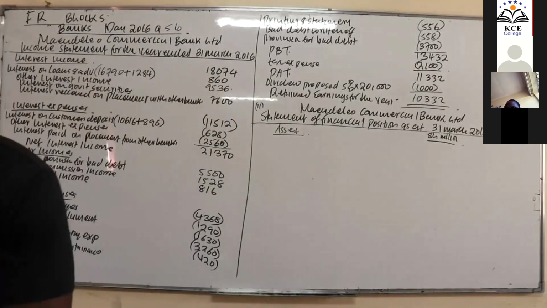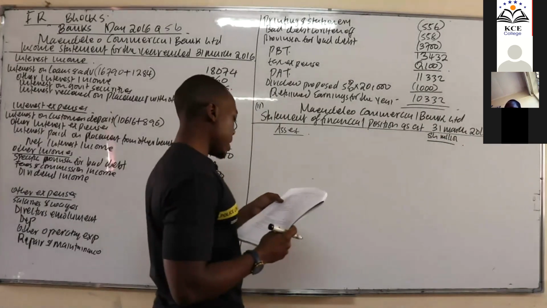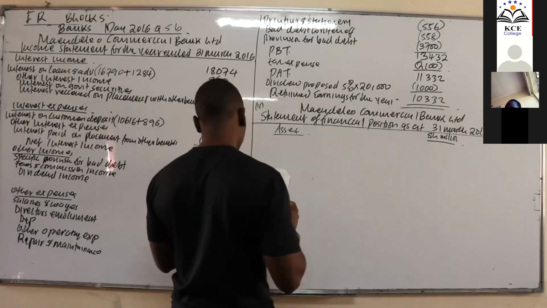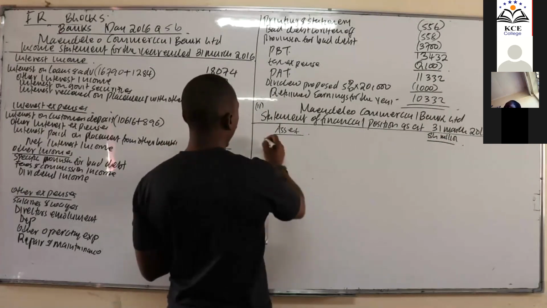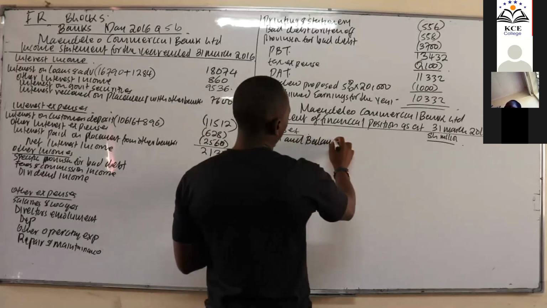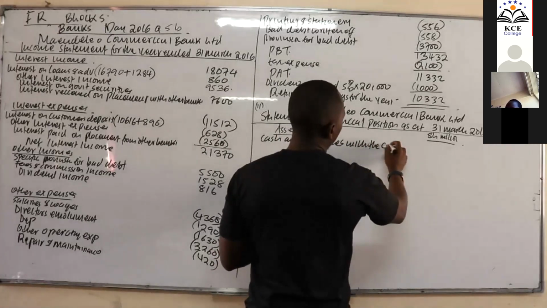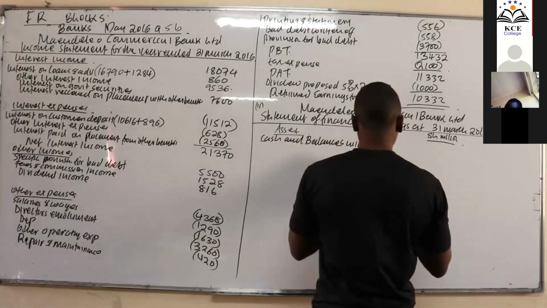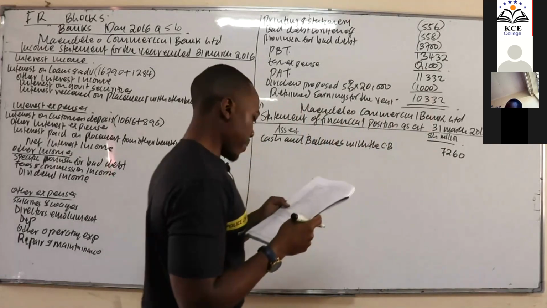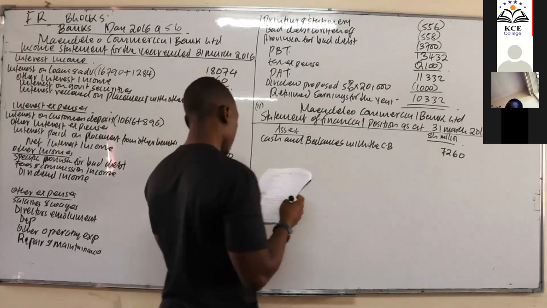You only arrange the assets in the order of their liquidity, starting with the most liquid assets. And in our case, do you have any cash? Yes, we have cash and balances with the central bank, an amount of 7,260. Any other asset we have?